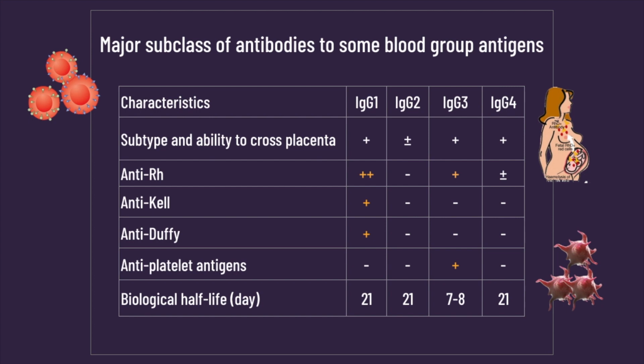Understanding of antibody subclass and its ability to cross the placenta will help to predict the chance of developing fetal complications such as hemolytic disease of the fetus and newborn, neonatal autoimmune thrombocytopenia, and the platelet equivalent of hemolytic disease of the newborn.